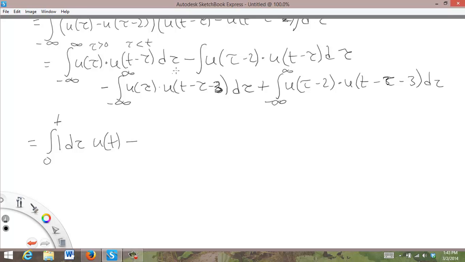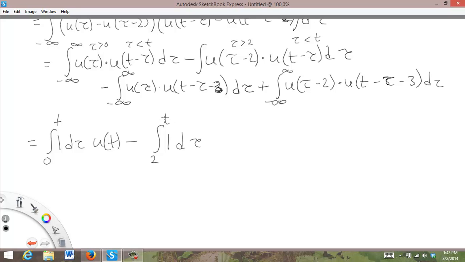The second integration is going to go from tau greater than 2 to tau less than t. So that's going to be 1 over the range from 2 to t, and the product is 1 d tau.